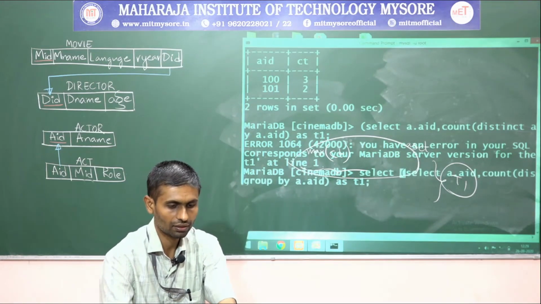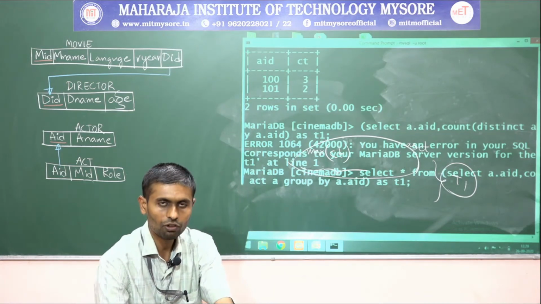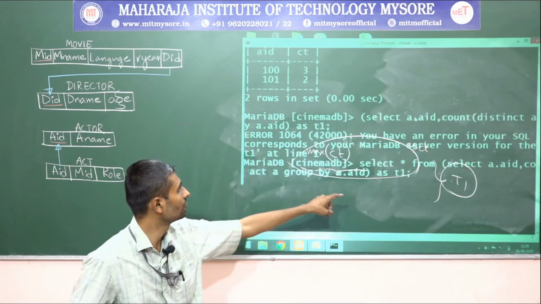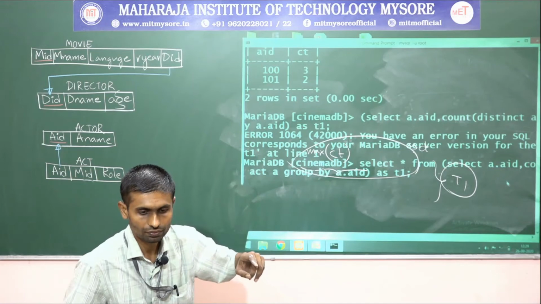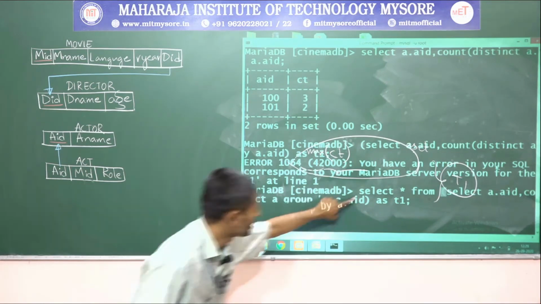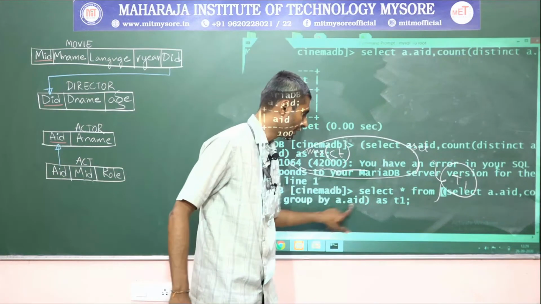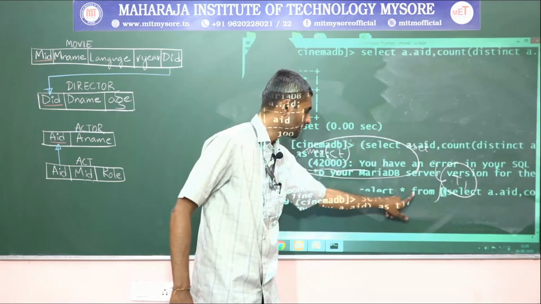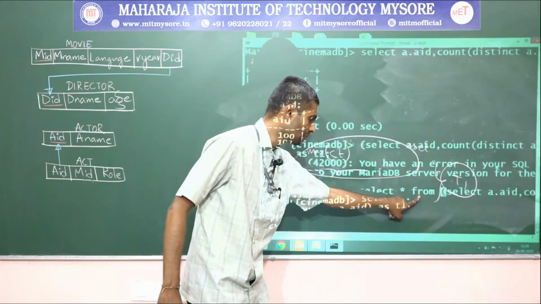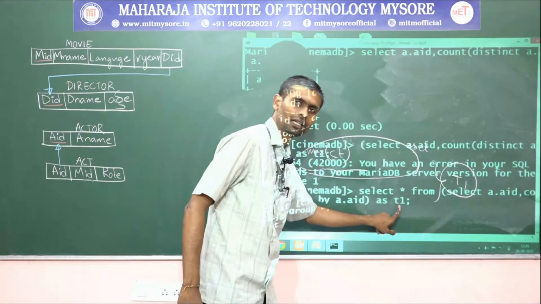That means select star from what? Select star from this table, that means from the retrieved query, and the retrieved query name is T1. There we are retrieving. That means from the class we have written a query, but this query we have given a name like T1.